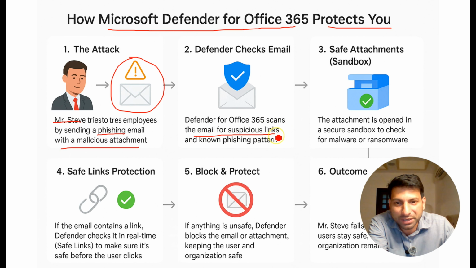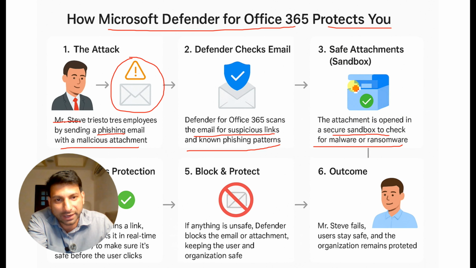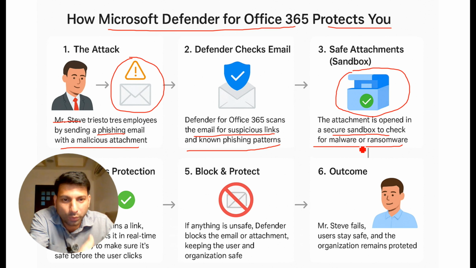Then what happened? The attachment is opened in a secure sandbox to check for malware or ransomware. It has a safe attachments sandbox. In that sandbox, it opened that malicious attachment to verify whether it has some malware or ransomware. The email contains a link.